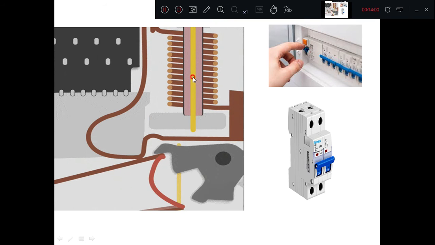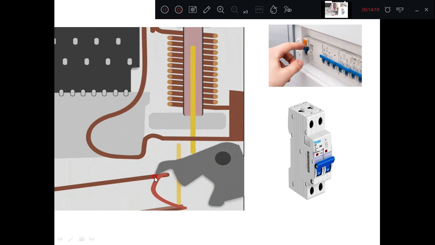Because of this mechanical movement, it is pressing this lever here, pushing here, and therefore there is a disconnection between the moving and the fixed contacts here. These are some figures of the miniature circuit breaker shown here.